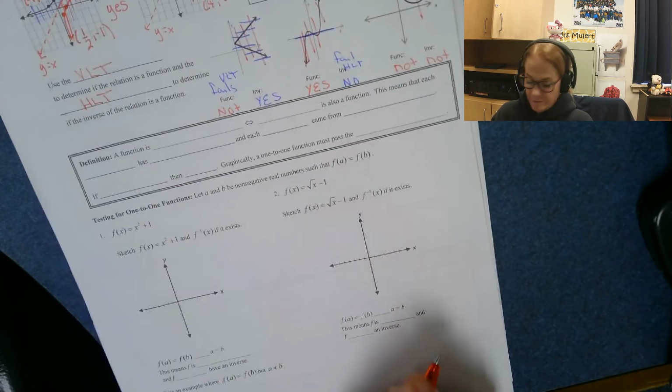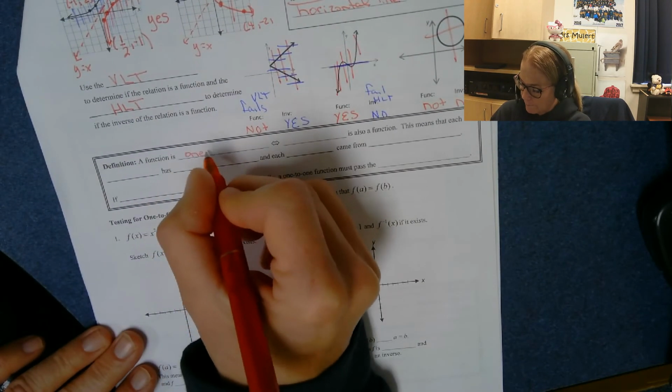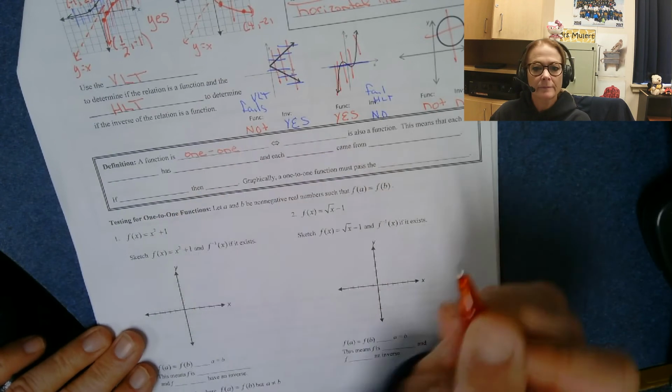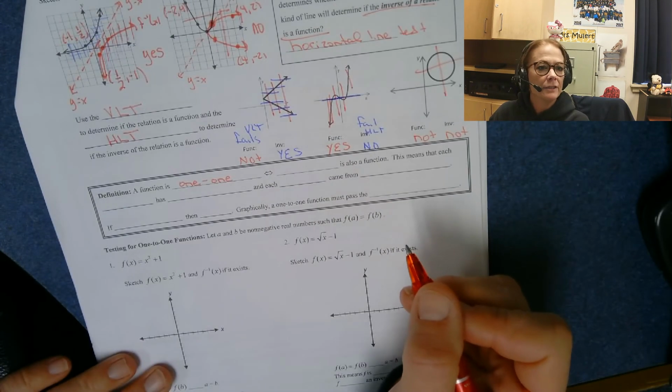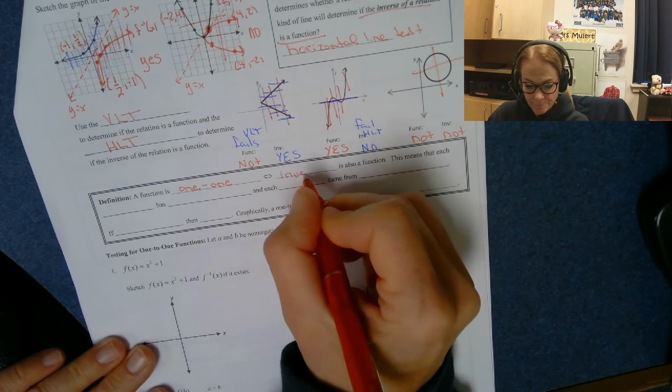So this is the definition. A function is one-to-one, and then I'll stop and pick this up after school, I think. It's 12:49 in here. A function is one-to-one if and only if the inverse is also a function.